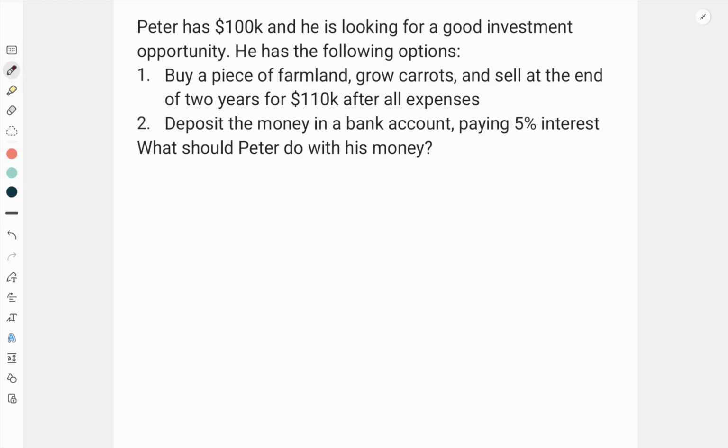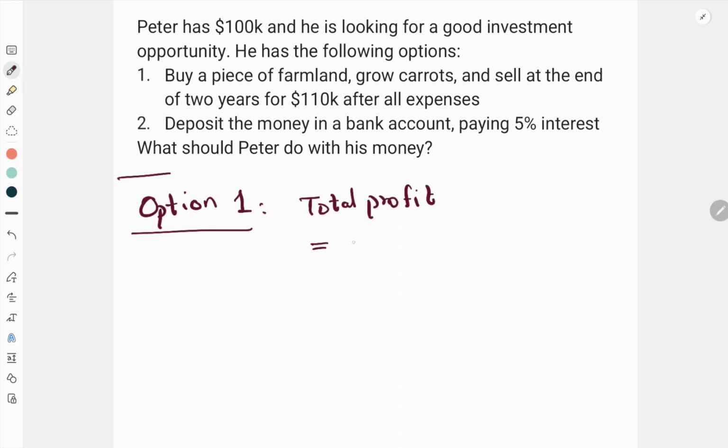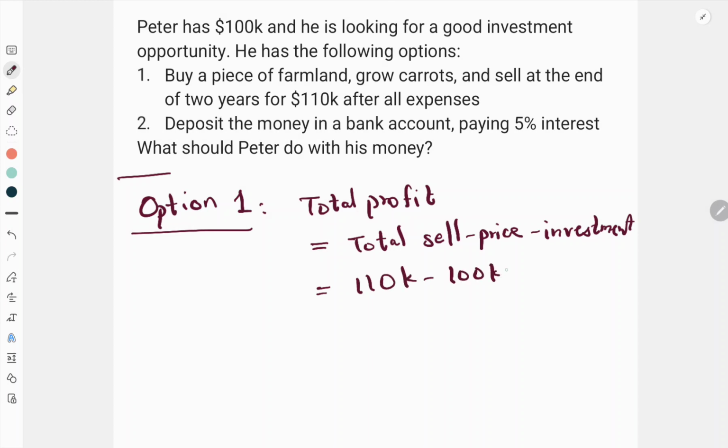So the first option is simple. Let's talk about it. So option 1, let's talk about total profit. Total profit, this is straightforward, is total sell price minus investment, which is 110k minus 100k dollars, which is $10,000.